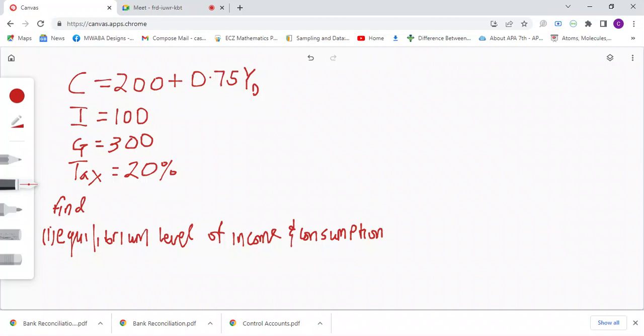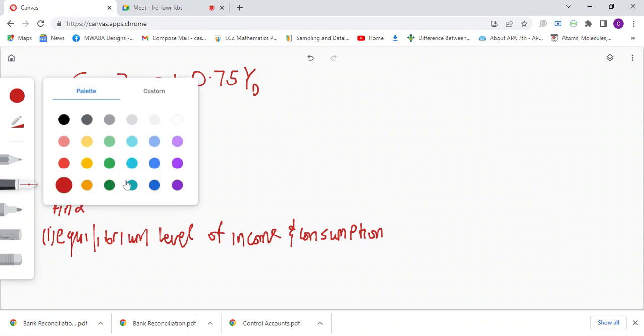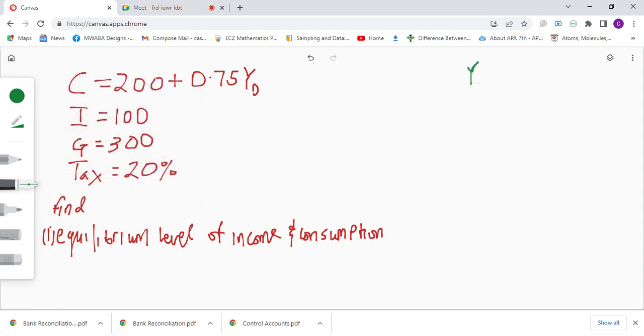Right, so we're still looking at determining the national level of income at equilibrium. We've been given a consumption function here, 0.75 YD. Remember, YD just represents disposable income, our income after removing tax.